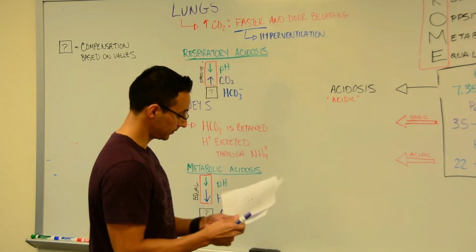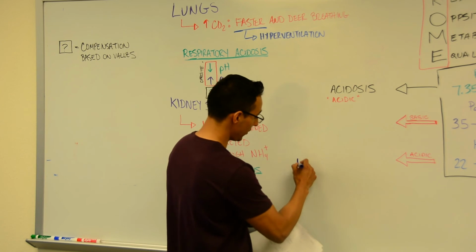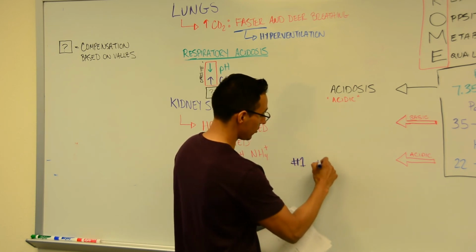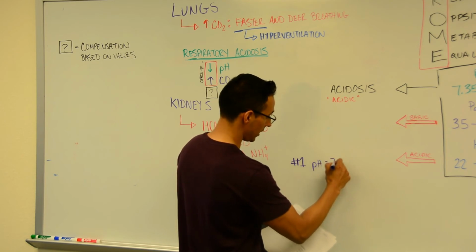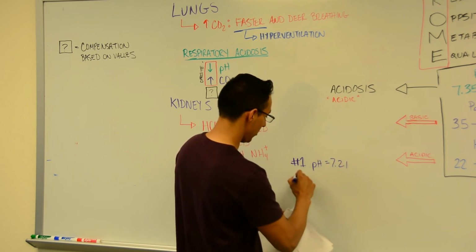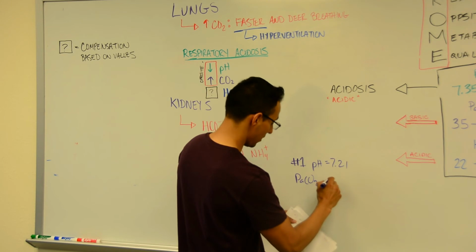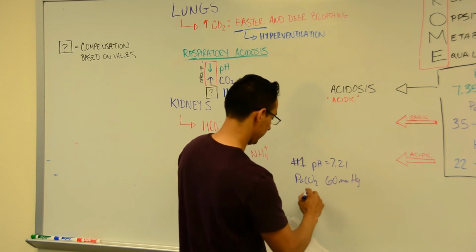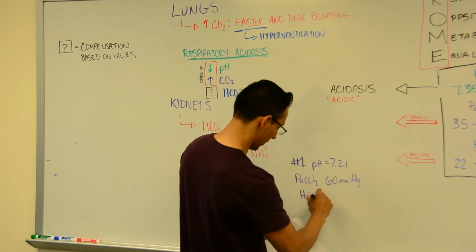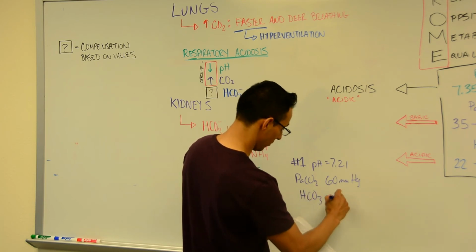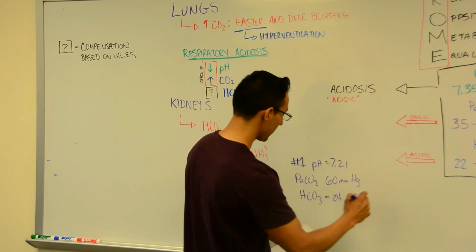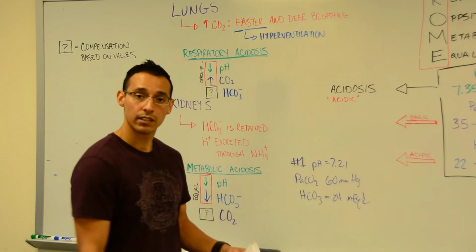For number one, if your pH is 7.21, your PaCO2 is 60 millimeters of mercury, and your HCO3 is equal to 24 milliequivalents per liter, can you tell me what that's going to be?